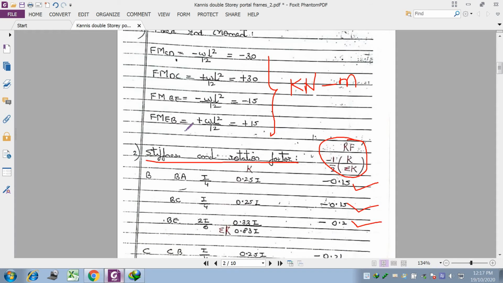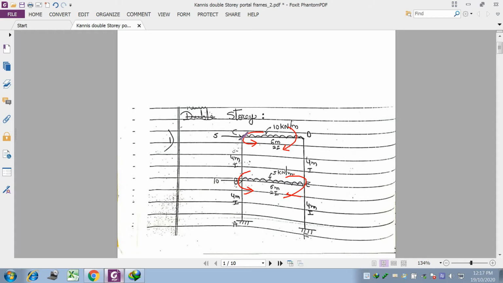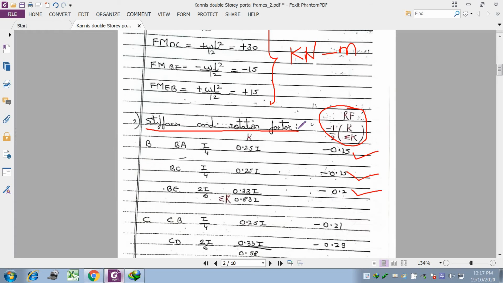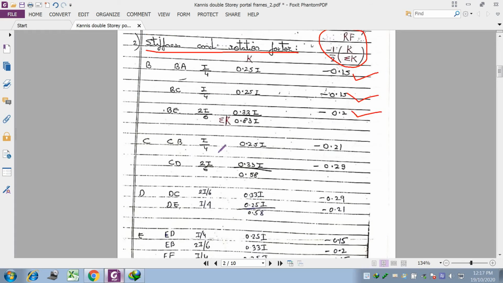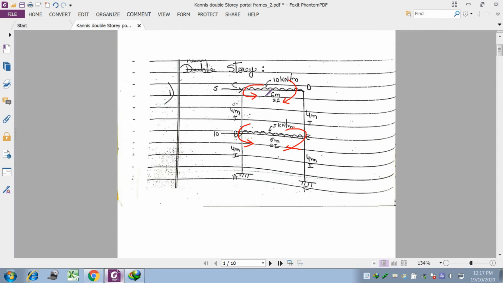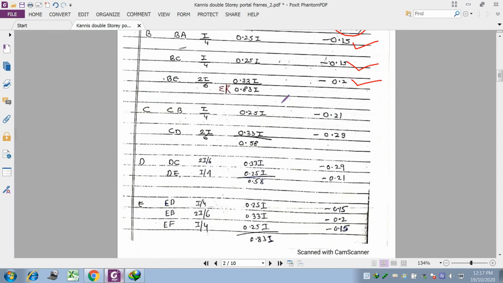Similarly, if you go to the next joint, that is on the upper story, that is C, here 2 members are connected, CB and CD. So here I by 4 for CB and 2I by 4 for CD, as the stiffness for the top beam member is 2I, so 2I by 6.